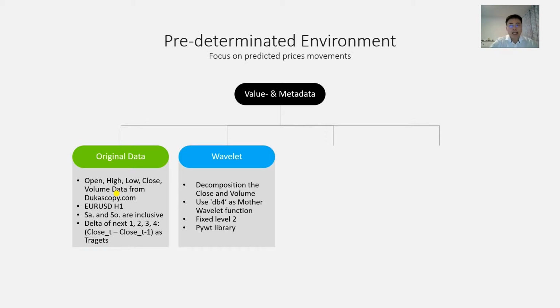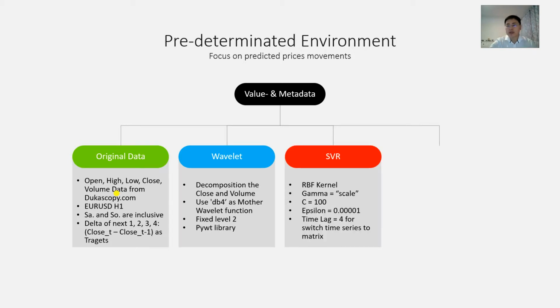Then I decomposed the signal using Wavelet, and put the subsignals into support vector regression, using the RBF kernel as default. I predicted the value of each subsignal, reconstructed the subsignals together, and used the last one as the prediction value for the movement.